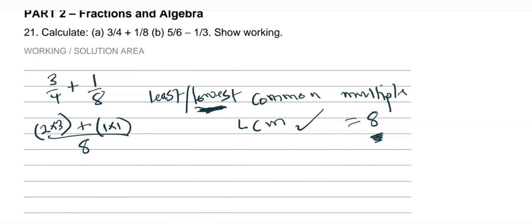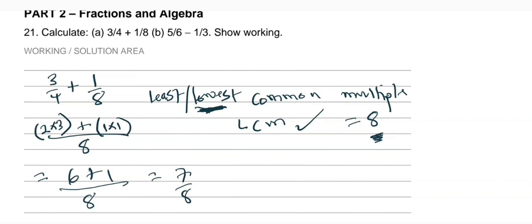The 1 at the top. So now 2 times 3 will be 6. 6 plus 1 over 8. So that will give you 7 over 8.